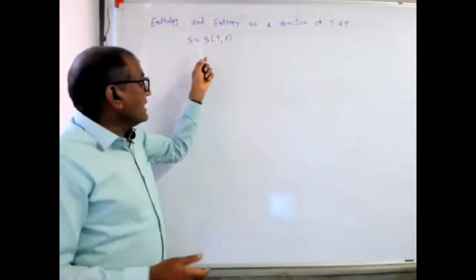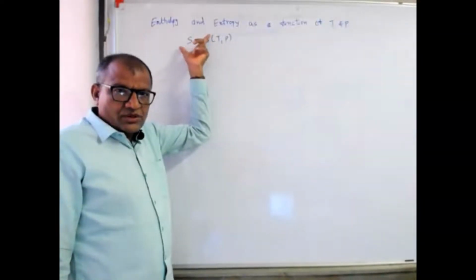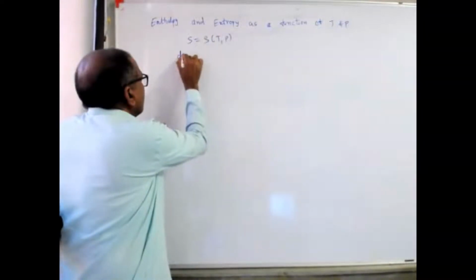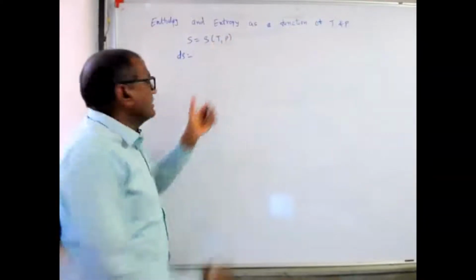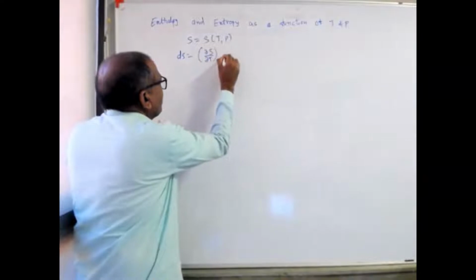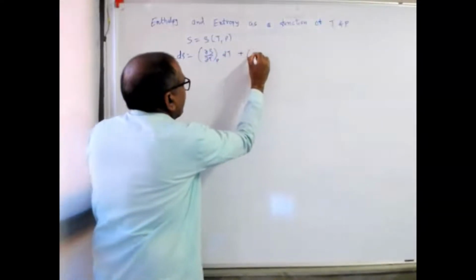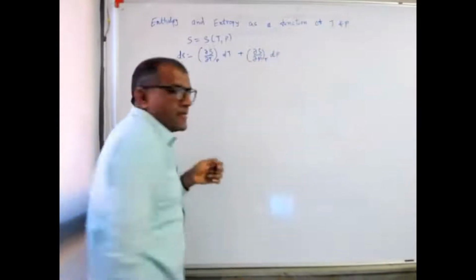Here I can relate entropy as a function of temperature and pressure. And if I take the differentiation of this equation, so dS equals, on the RHS, I should write in terms of partial derivatives, del S by del T at constant P dT plus del S by del P at constant T dP.